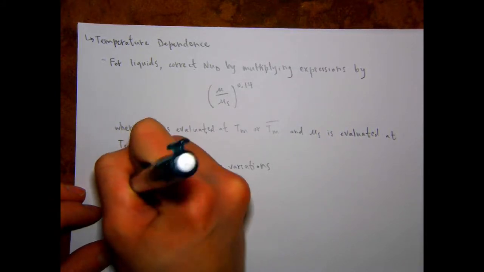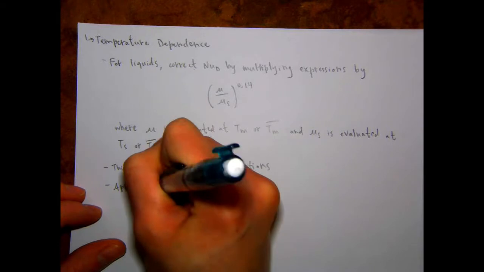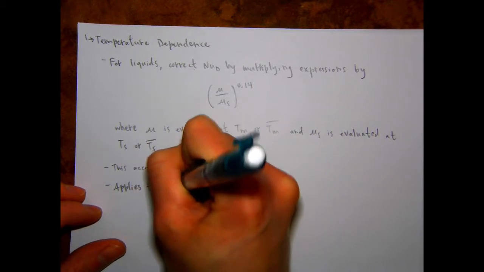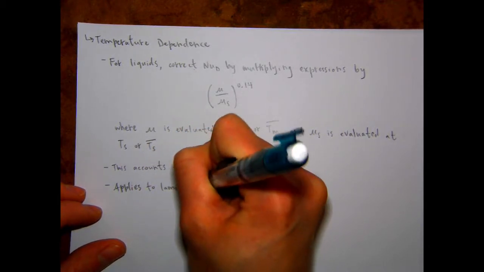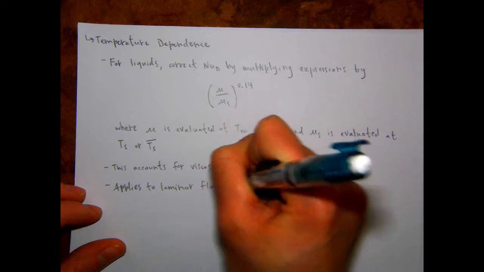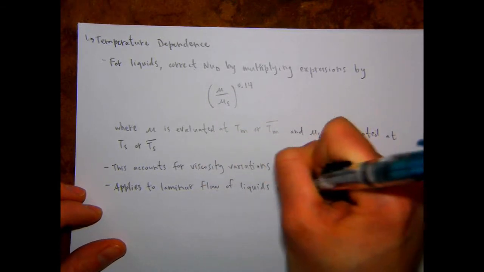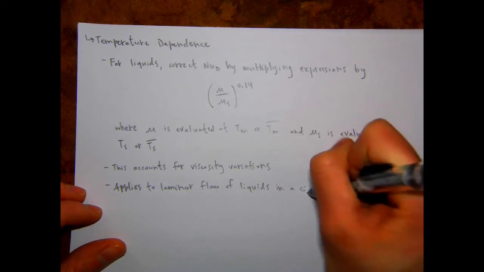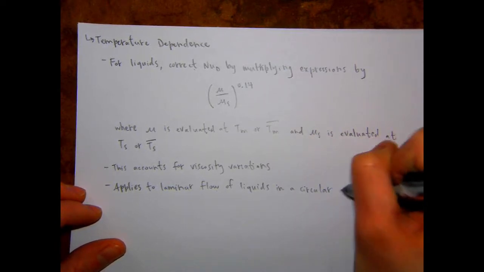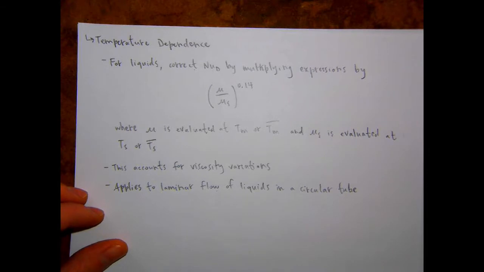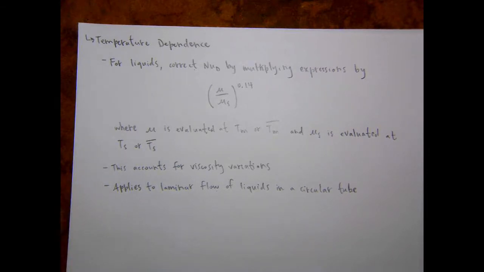And this correction is just going to apply to our Nusselt number expressions for laminar flow of liquids in a circular tube, which is the only type of tube we're going to talk about.